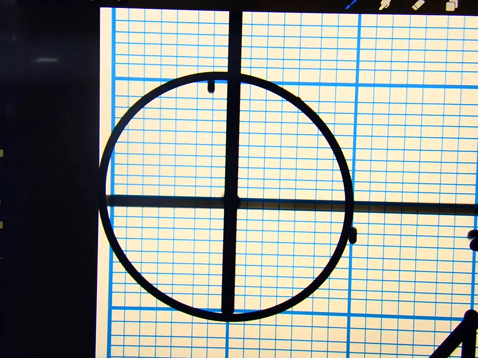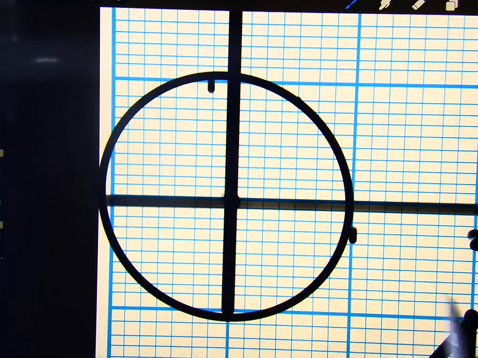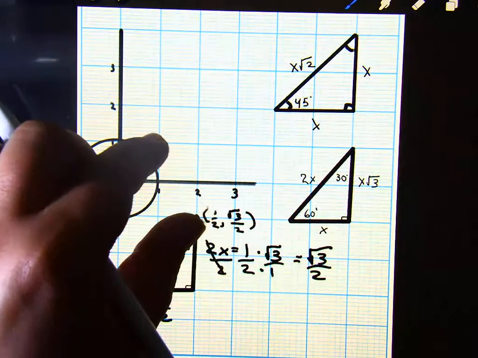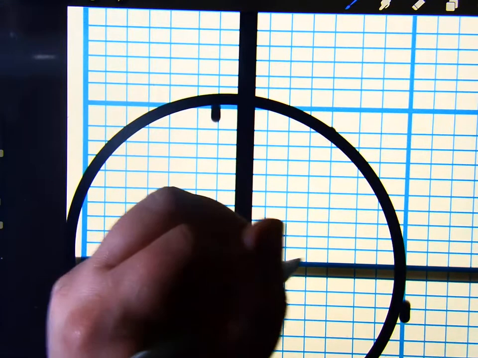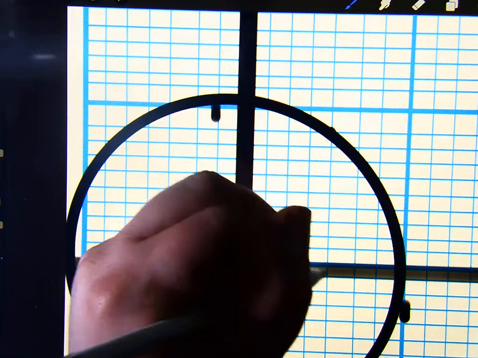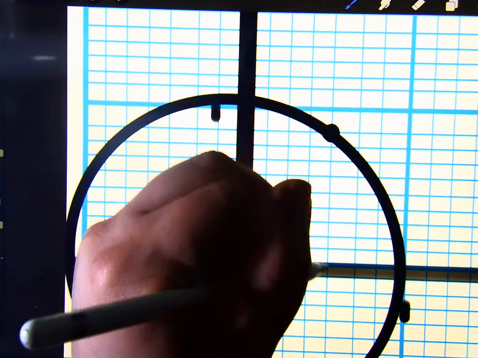Okay. And our other side is 1/2. About half and up, and that'd be about right.